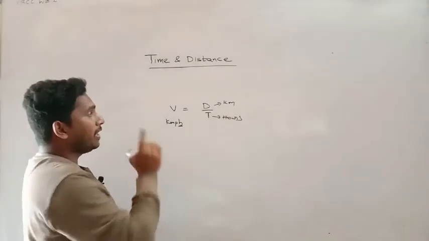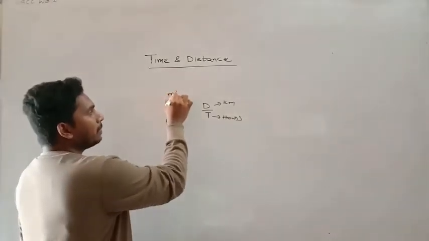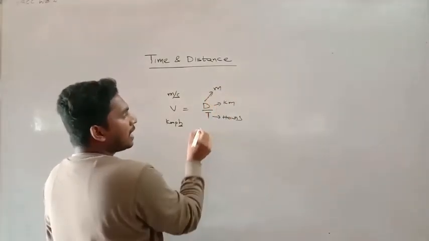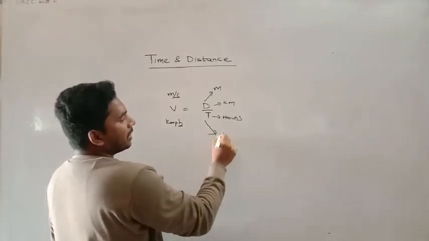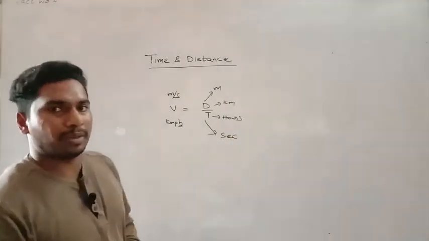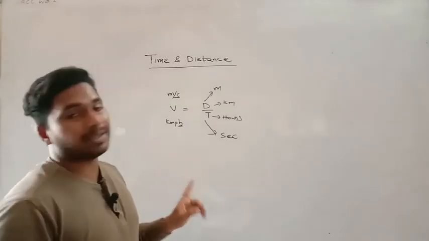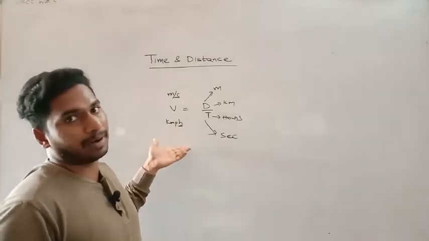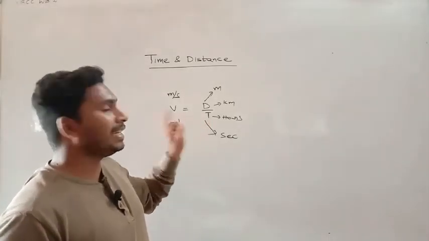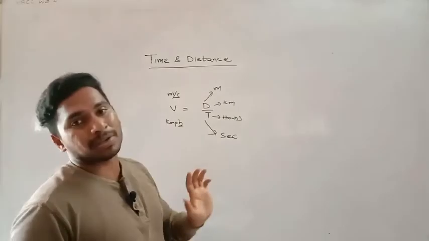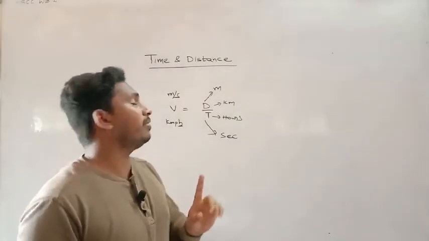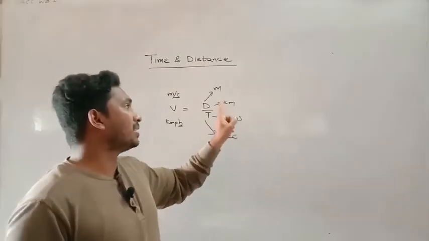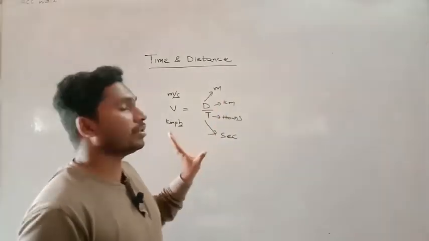But when V is given in meter per second, then D is to be given in meters and T is to be given in seconds. So on the left hand side, if V is in kilometer per hour, on the right hand side D must be in kilometers and T must be in hours. If V is in meter per second, D should be in meters and T should be in seconds. You have to remember this.